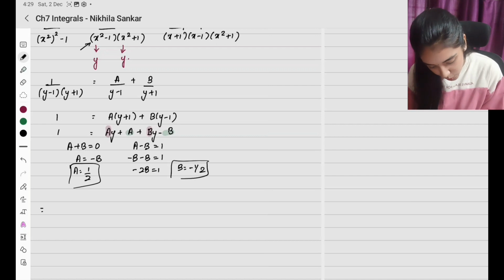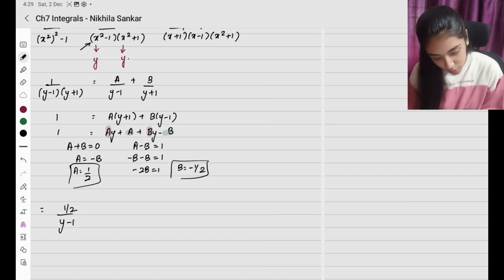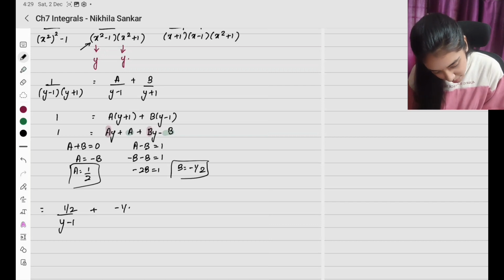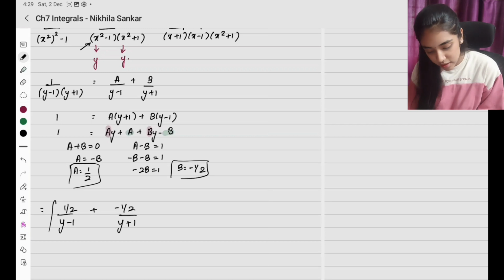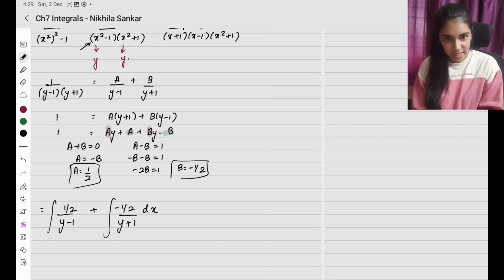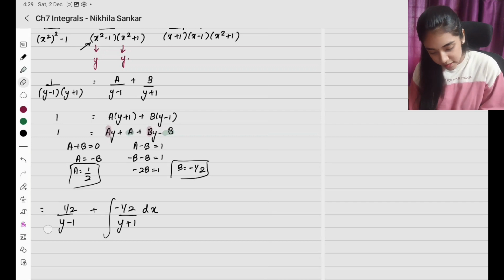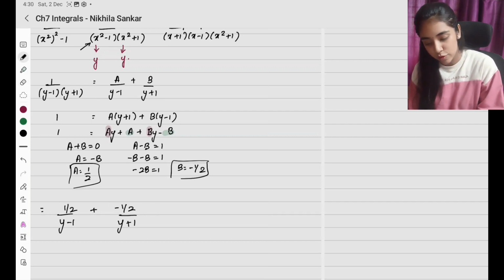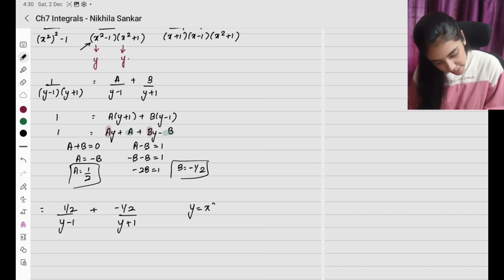So what did I get? 1 divided by y minus 1, 1 by 2, plus b, which is minus half, divided by y plus 1. Now I need to take the integral, but remember the variable of integration is x. So before taking the integral, I have to change my value for y. So y equals x square. I am going to change it back.